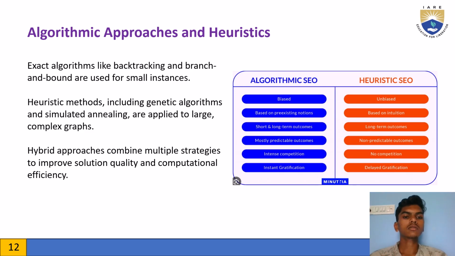Heuristic methods, including genetic algorithms and simulated annealing, are applied to large and complex graphs. Hybrid approaches combine multiple stages to improve solution quality and computational efficiency. This is about the algorithmic approaches and heuristics.